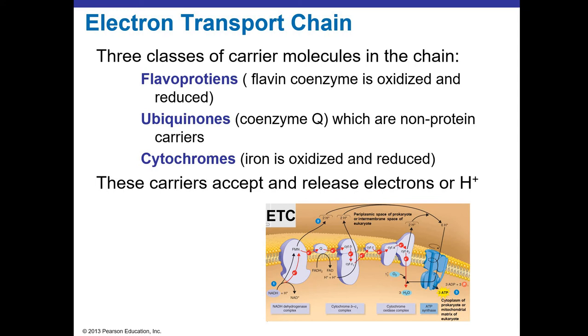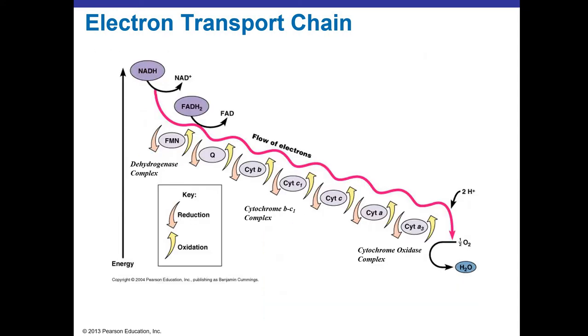So these carriers are going to accept and release electrons or protons as well. So we're going to play the game of pass the electrons, but in that game, we're also going to generate these protons. A lot of people like to think of the electron transport chain as this energy hill. So they like to think of the flow of electrons going downhill, starting from the high energy top of the hill at the FMN, which is the first member of the electron transport chain.